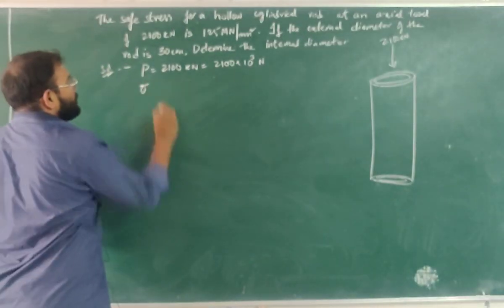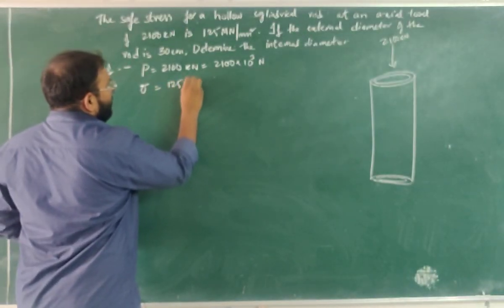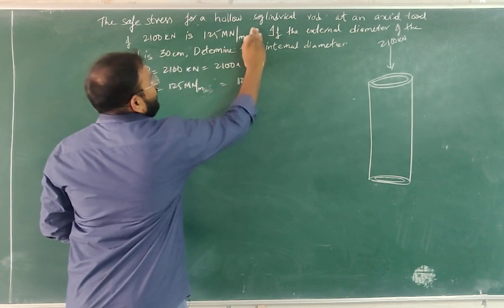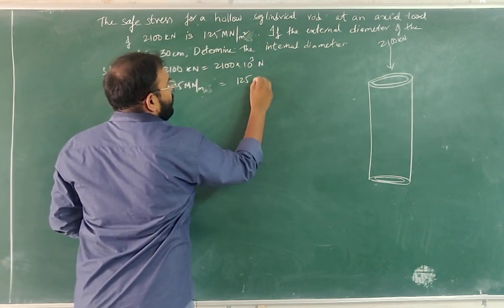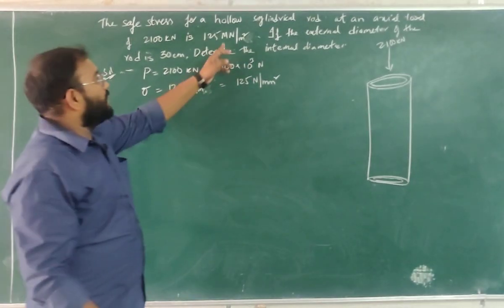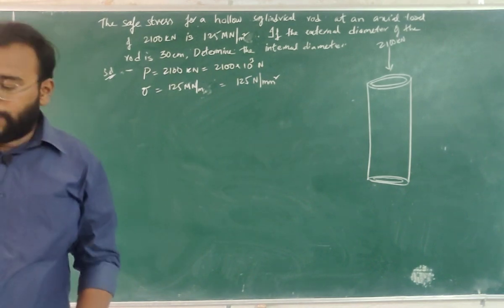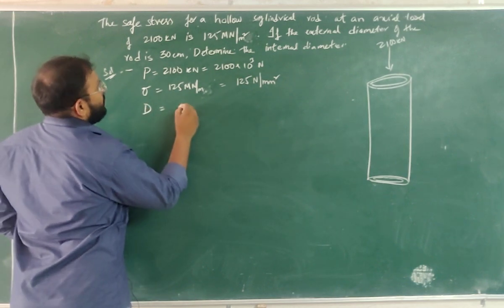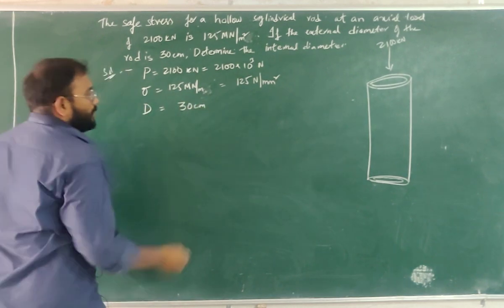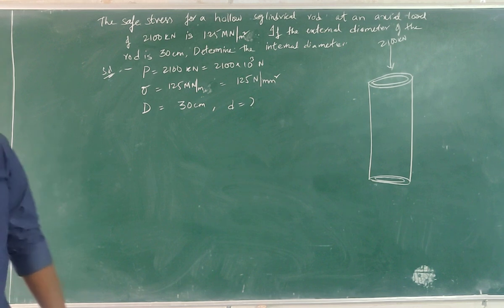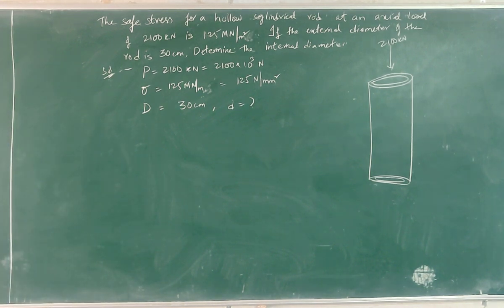Now stress is also given to you, which is 125 mega Newton per meter square, which is directly equal to 125 Newton per millimeter square. Now you are given external diameter capital D, which is 30 centimeter. What is asked in the problem is small d, the internal diameter. Okay, so very simple problem. You will be able to solve this problem, right?